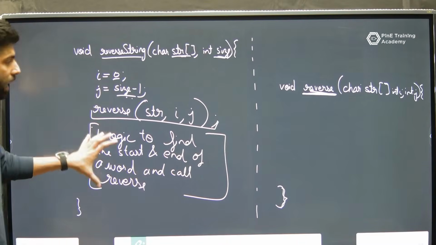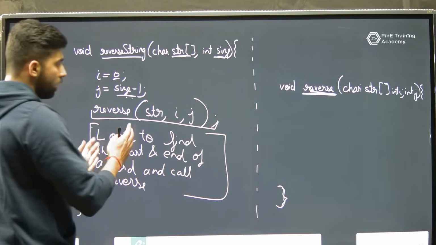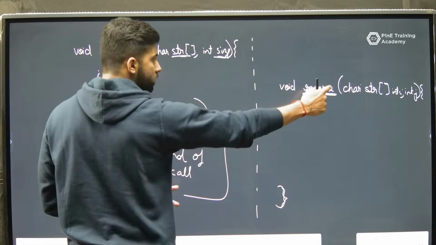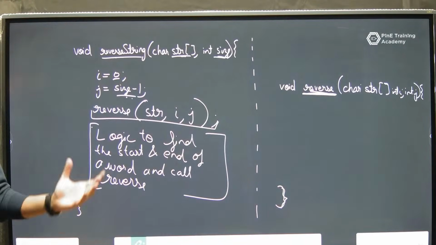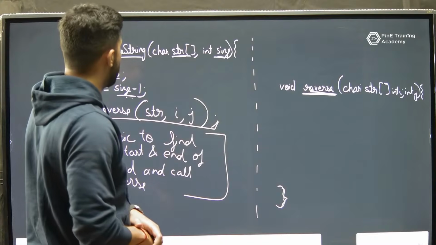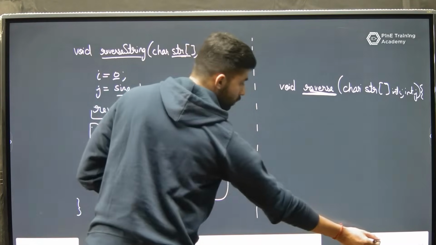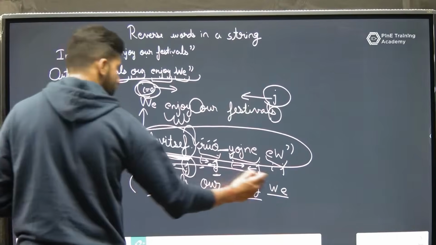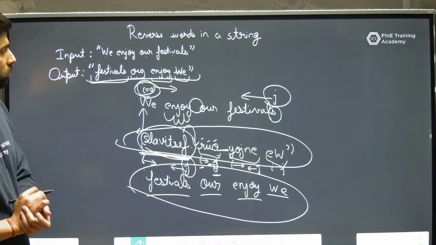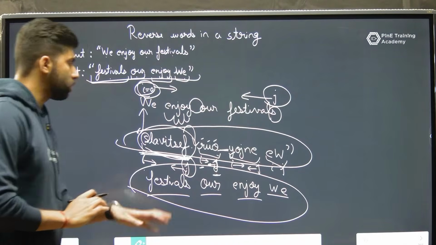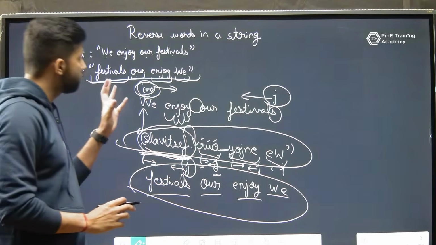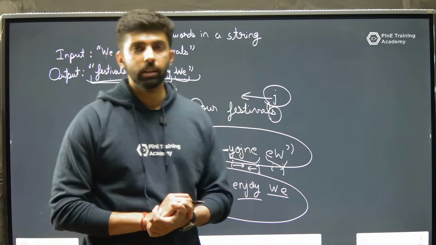You just need to find the start and end of any word, and call this reverse again and again inside a loop, and you will be able to achieve this output. Okay, so this is the logic for this question.